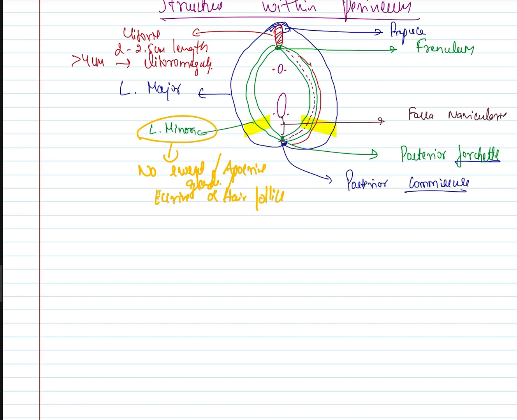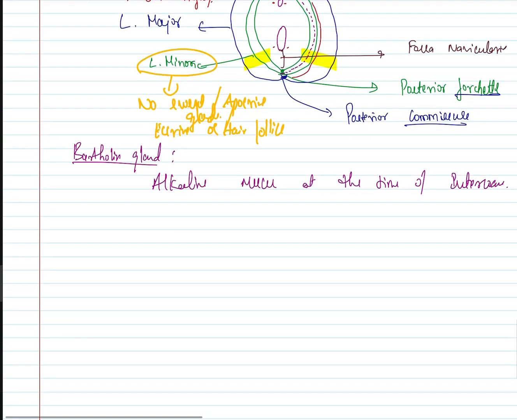They are lined by columnar epithelium and transitional epithelium along with non-keratinized stratified squamous epithelium. The function of this Bartholin's gland is that it secretes alkaline mucus at the time of intercourse.